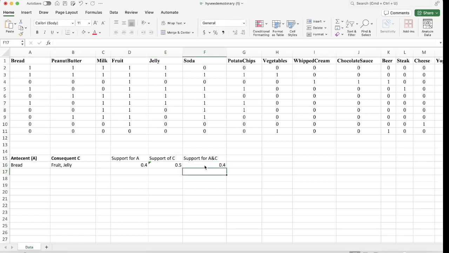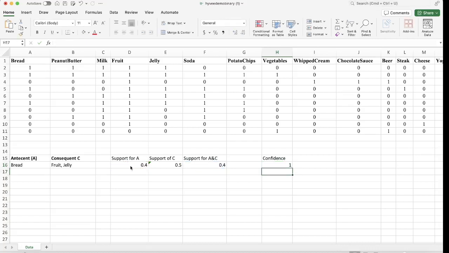And next, I might want to look at the confidence. And so the confidence, if you remember, was the support of the consequent and the antecedent together, divided by the support of the antecedent. So here that was 0.4 divided by the support of the antecedent, which was also 0.4 in this example.